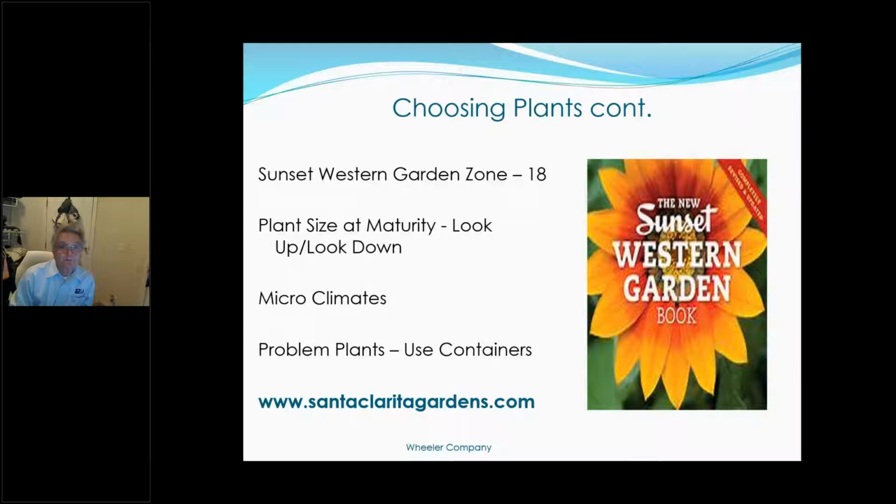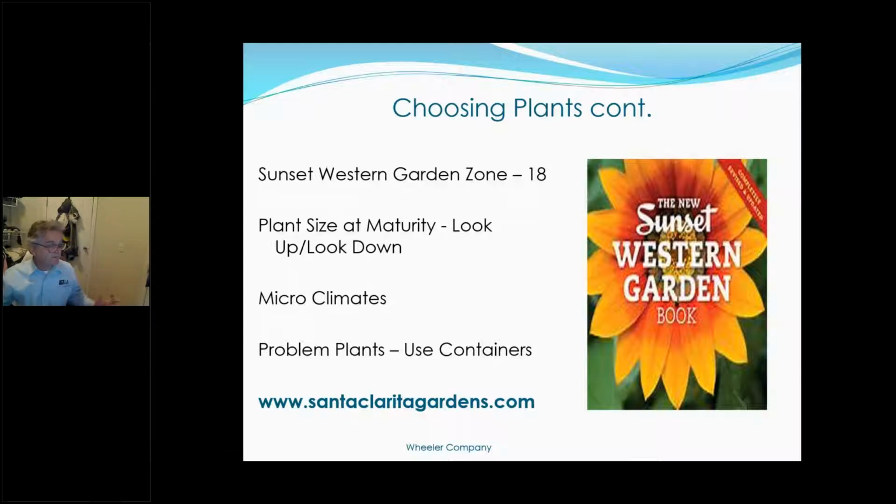Now this book, the Sunset Western Garden book, is no longer in print, but you may be able to find one at a bookstore, a used bookstore, maybe online. Garage sales are excellent places to find them. And this book will help you dramatically. It has every plant in it that we would grow here. It'll tell you the full size of the plant, which is excellent when you're doing your design.